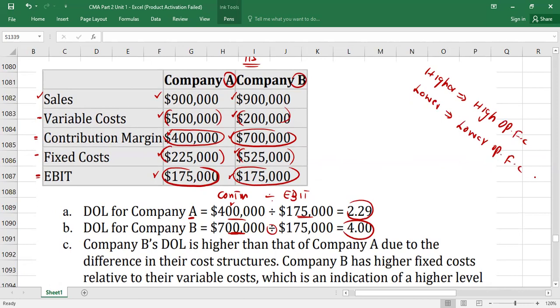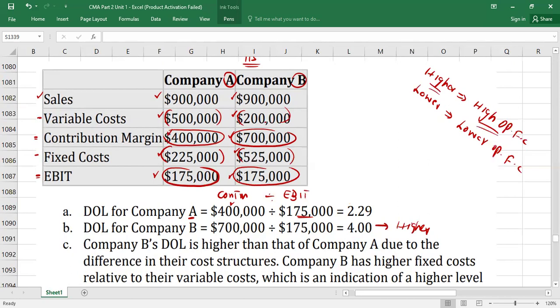Now, which company has the higher answer? First answer this question, guys. Company B has a higher answer of 4 and company A has a lower answer of 2.29. It means this company represents high risk, because a higher answer means higher operational fixed cost.